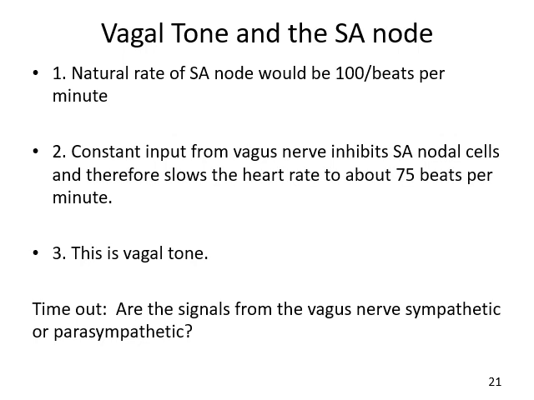And the vagus nerve is always signaling the SA node to just slow down a little. And that constant stimulation is vagal tone. So again, our SA node would like to go 100 beats a minute, but it's getting constant, calm, restful pulses from the parasympathetic nervous system via the vagus nerve. Okay, and we just talked about this, that these are parasympathetic signals. Sympathetic signals would increase the heart rate, and they wouldn't be going along the vagus nerve.